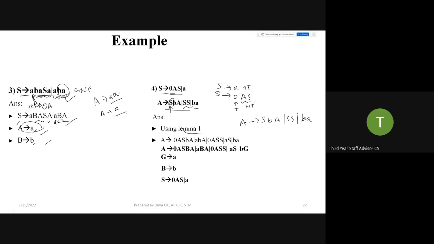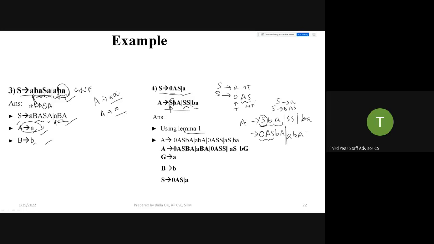First of all, we can replace this S with the production of S. Whatever the production of S is, we can replace it with that. That is, first we consider S implies 0AS and replace it with 0AS and BA. This BA is the BA here. The rest, S, I replaced with 0AS. Same way, we can also replace S with A, since S has two productions, that is S implies A. So we can also replace this S with A, that is ABA.